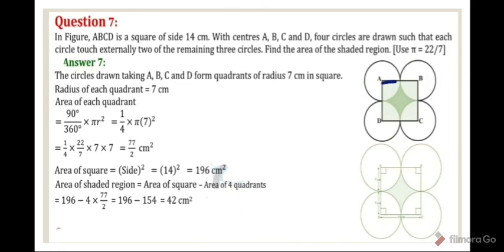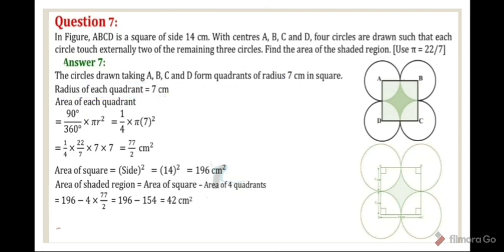This is the radius for the first circle, which will be 14 by 2, that is 7. Similarly, this is also 7, this is also 7, this is also 7. So the radius for each quadrant or circle is 7. The circles drawn taking A, B, C, D as centers are quadrants of radius 7 centimeter.